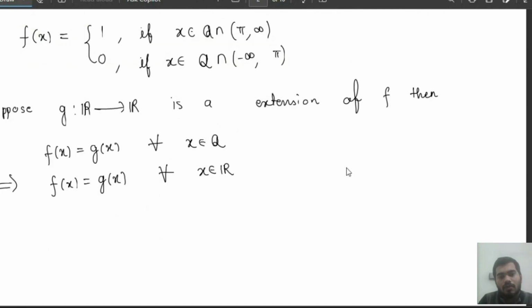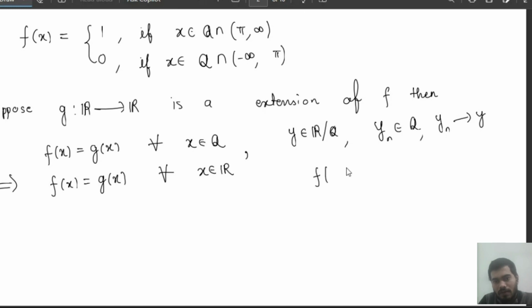So what is happening? Since they are already equal on the rational numbers, suppose b belongs to the irrational numbers, then you can find a sequence of rational numbers, call it b_i, such that b_i goes to b. Now since they are sequences of rational numbers, they are equal on the sequence points, and then take the limit.